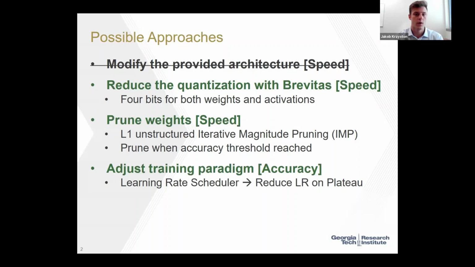However, in our case, typically when you do iterative magnitude pruning, you will prune until completion. However you define that, we defined that as when we would reach the accuracy threshold in our validation, and we used an L1 unstructured pruning method in our iterative magnitude pruning.